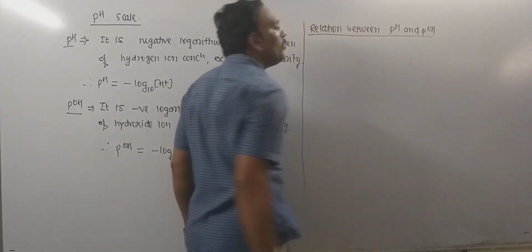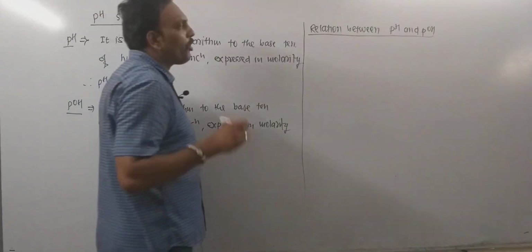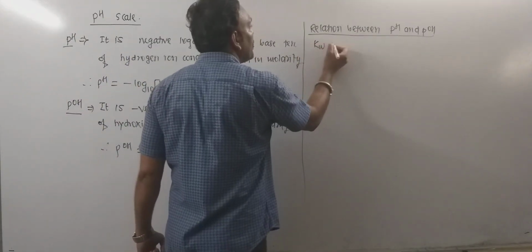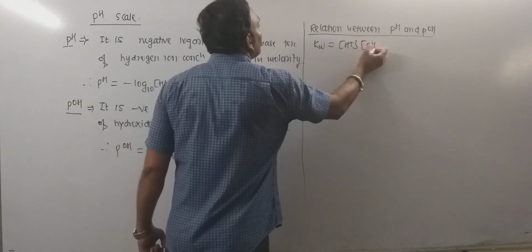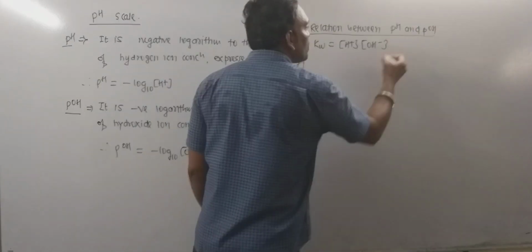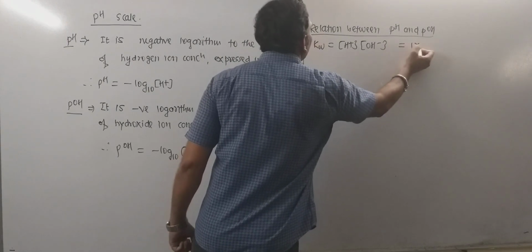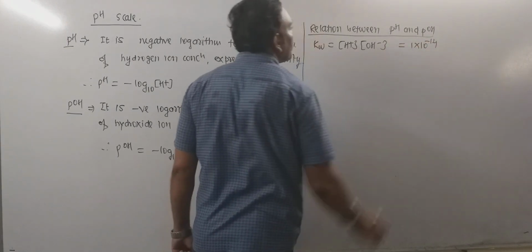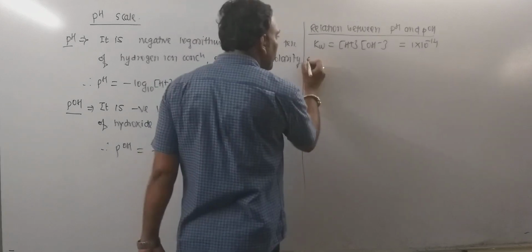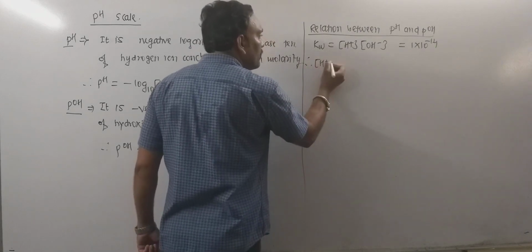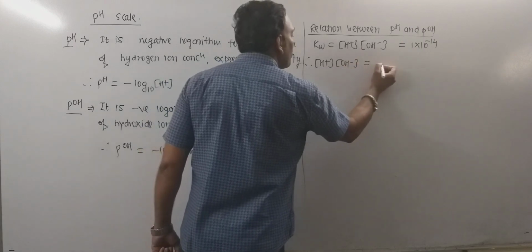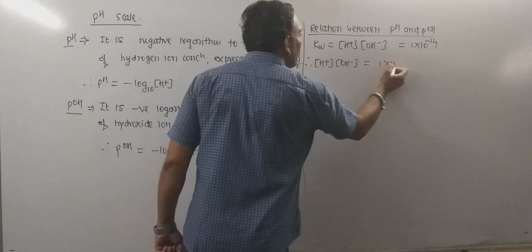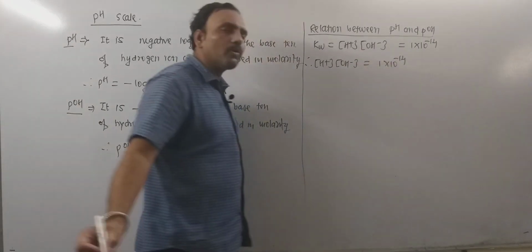We all know very well that the ionic product of water, that is Kw, is equal to concentration of H plus into concentration of OH minus, which is just equal to 1 into 10 to the power minus 14. Thus one can write concentration of H plus into concentration of OH minus is equal to 1 into 10 to the power minus 14.